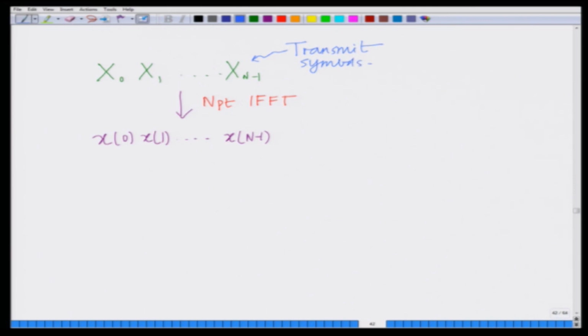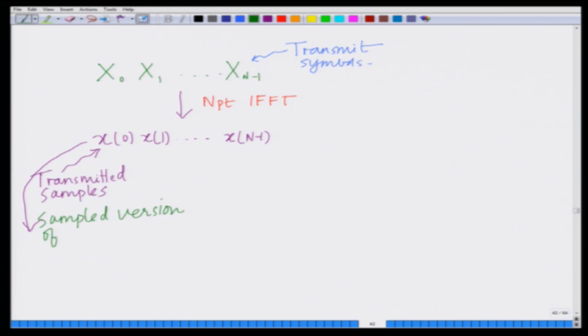The small x0, small x1 up to small x n minus 1 are the transmitted samples over the channel, the actual samples transmitted, or the sampled version of the multi-carrier modulated signal. Now, these I can transmit over the channel.